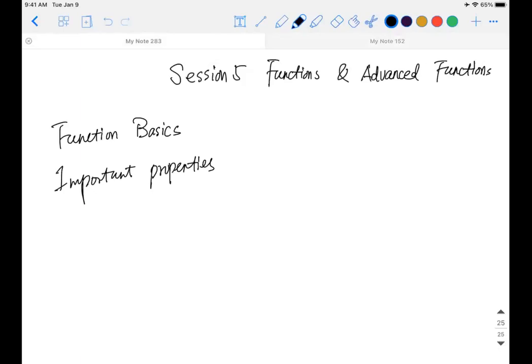These are considered to be very important and very generic properties for all functions. We're not specifying one specific type of function, but generally speaking, all functions should have these kinds of properties, right?